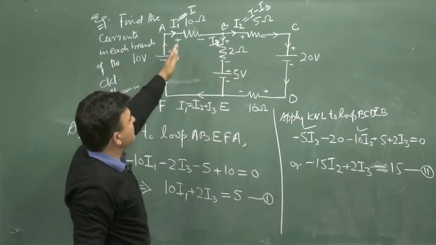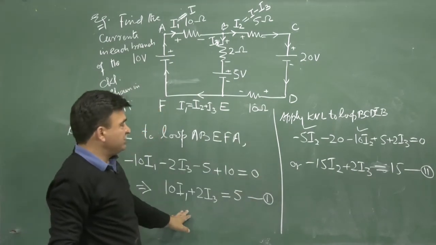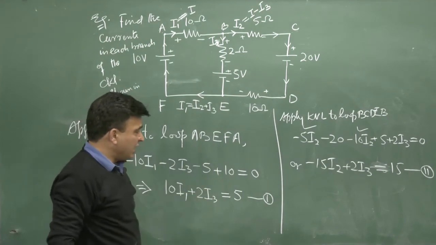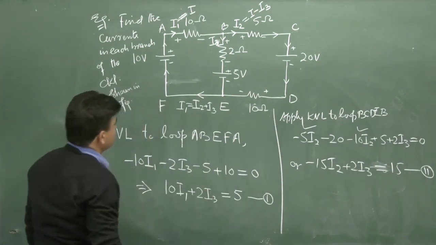You can do it like this also, then you have to form only two equations. Or you can form the three equations and solve for I1, I2 and I3. Whatever you like, you can do it like that.